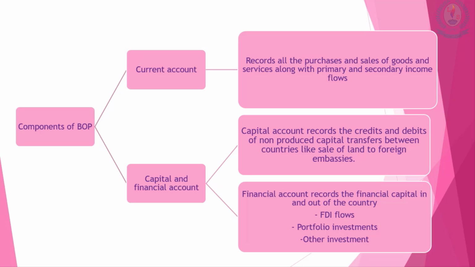There, it is not the consumable goods and services that are being transferred, but capital will be transferred, shares, sale of lands, etc. Financial account records the financial capital in and out of the country. For an example, foreign direct investment flows, portfolio investments and other investments done by a country.